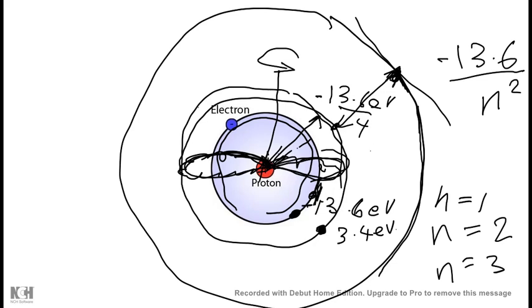And the more we go on, 13.6 divided by 9 gives us 1 point something out here. So we're only 1 point something electron volts away from the boundary, and everything else, the outside world, is sitting at that boundary.